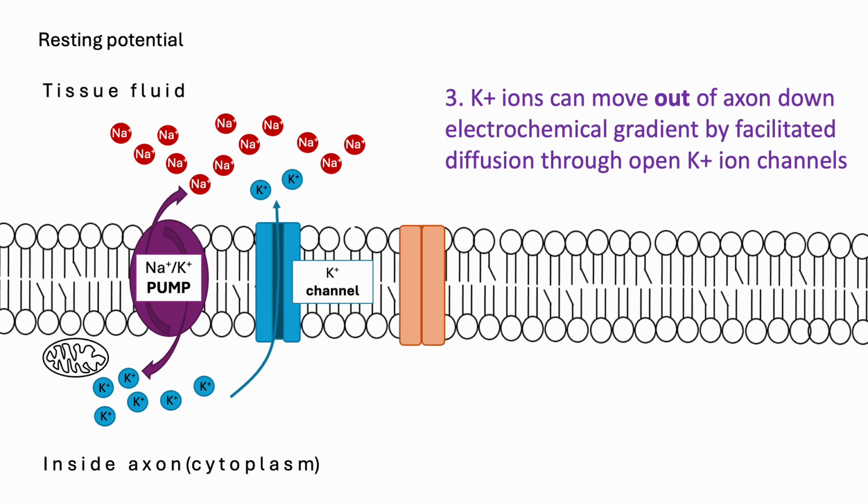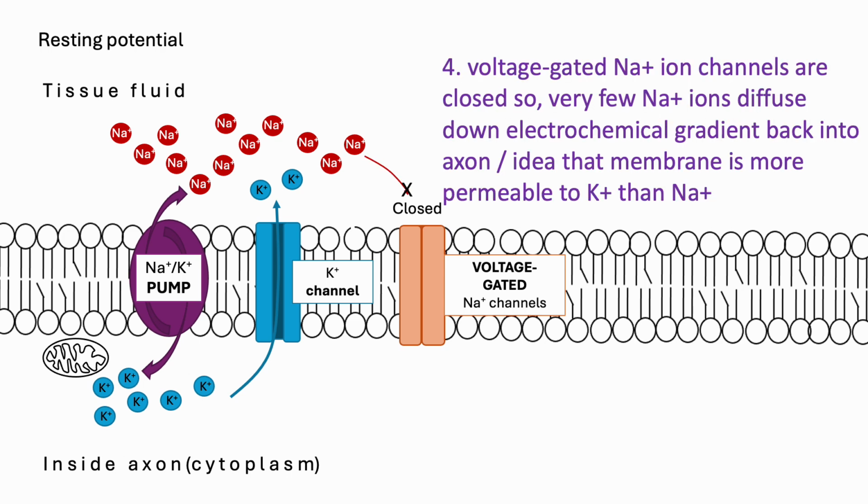Okay, let's keep going. Marking point 4, you need to state that sodium ions cannot diffuse back into the axon because voltage-gated sodium ion channels are closed. Or you need to have expressed the idea that the membrane is more permeable to potassium ions than it is to sodium ions.